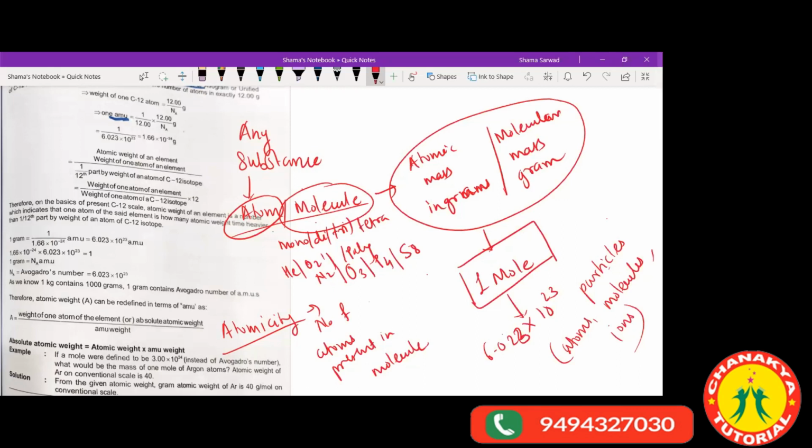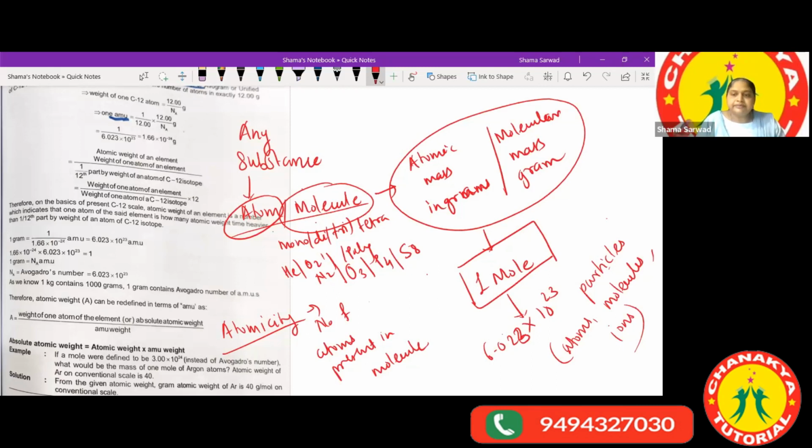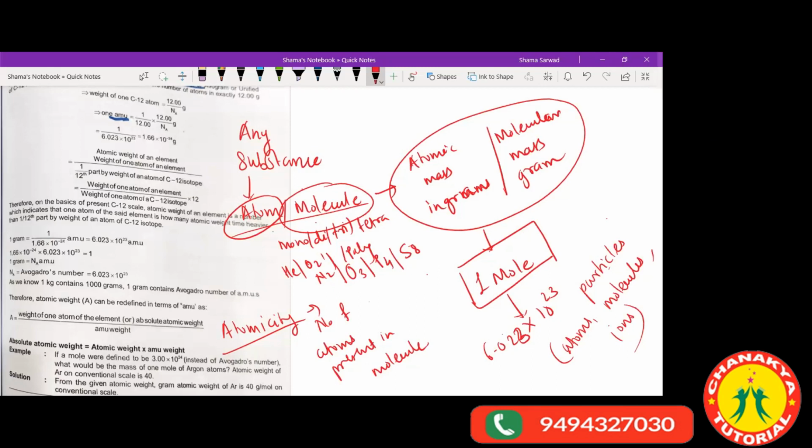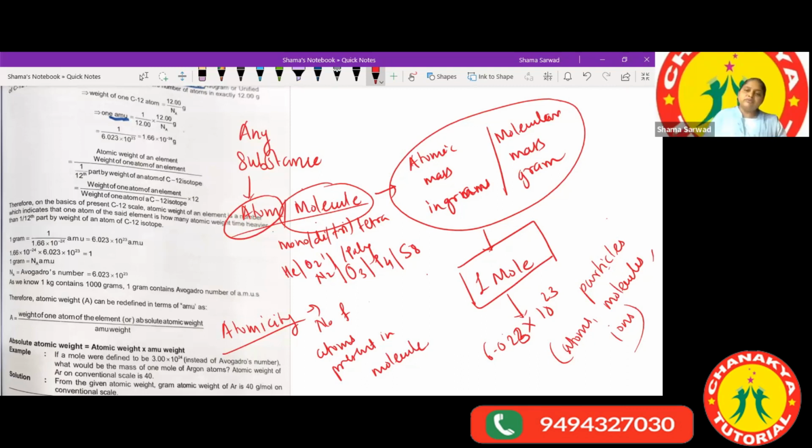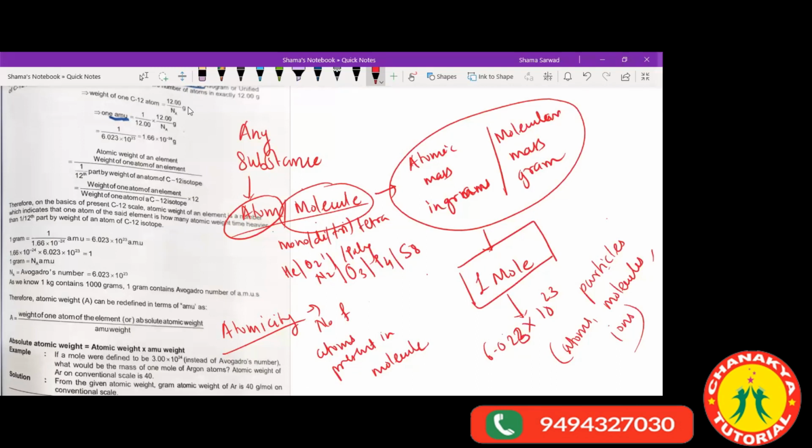If you have any query about this concept, please ask. I hope you have written this sequence.